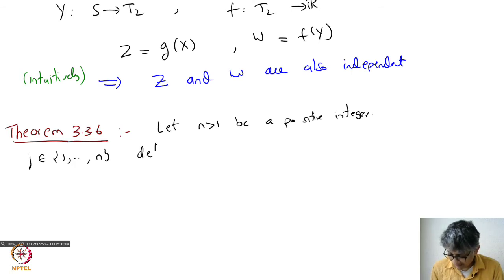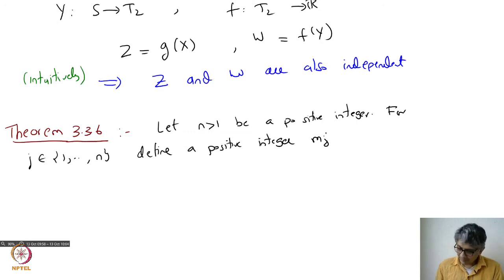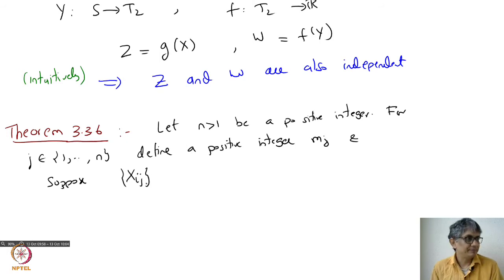And for j in this set 1 up to n, I define a positive integer m sub j. And suppose I have X_ij, where j is in 1 up to n and i is from 1 up to m sub j.